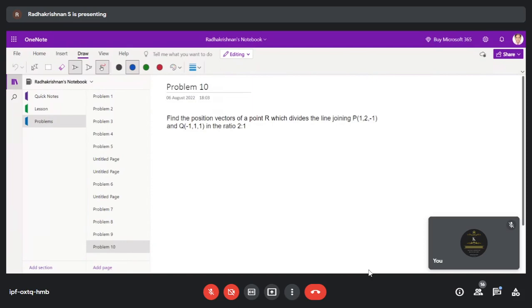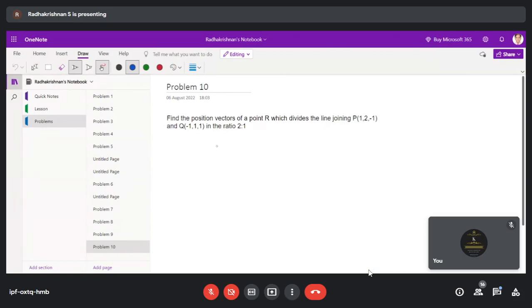Okay. Find the position vector of a point R which divides the line joining P(1, 2, -1) and Q(-1, 1, 1) in the ratio 2:1. We saw the section formula, right? So who remembers the section formula?